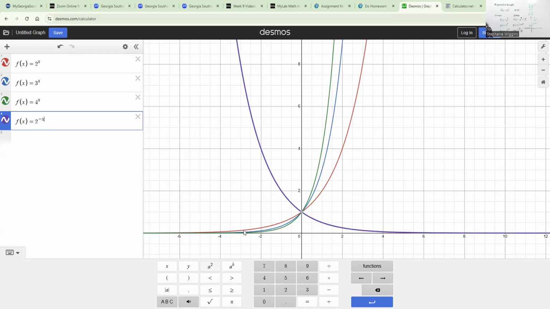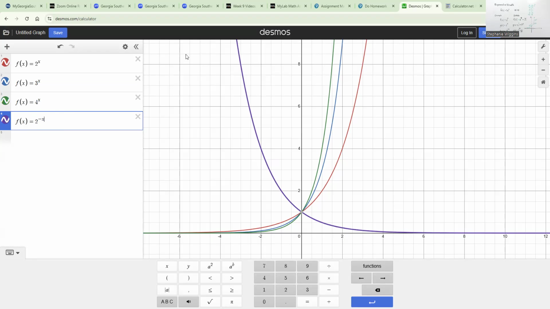All it does is take the red graph and reflect it across the y-axis. That's because I replaced x with negative x, and that's the inside of the function. These are exponential functions, so the exponent is the inside of the function, and I put that negative in there so it reflects across the y-axis to give me this curve here.